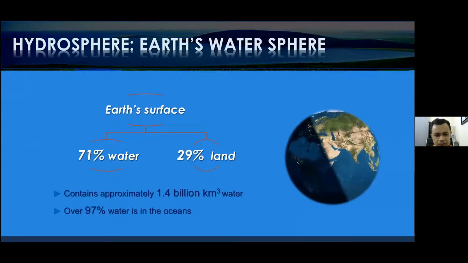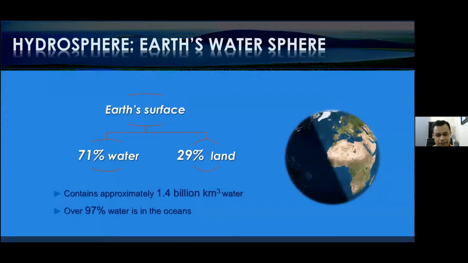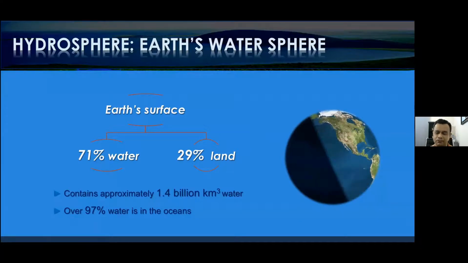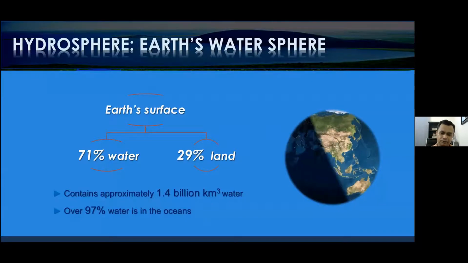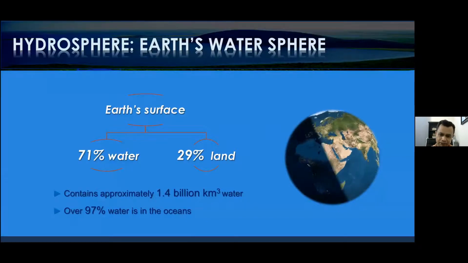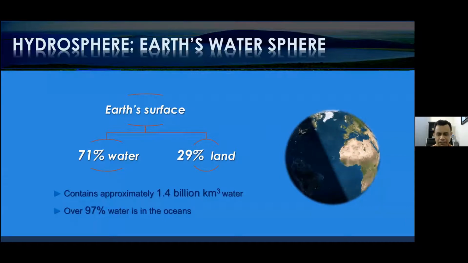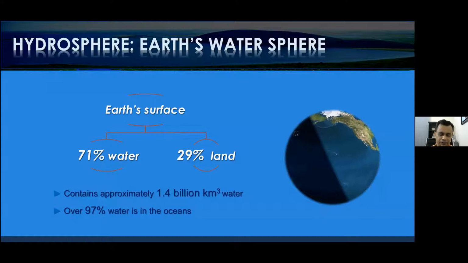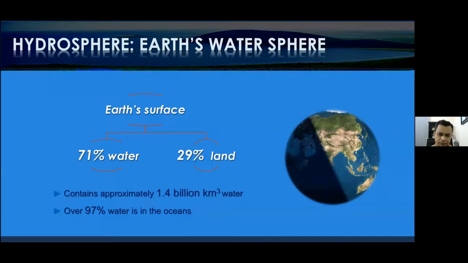Some waters are in freezing conditions, some in liquid conditions, some usable, some not usable. So first, we have to discuss what kind of features of water we have on our surface.